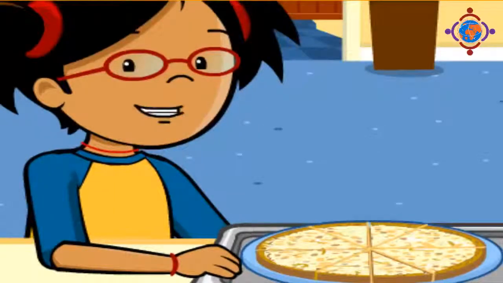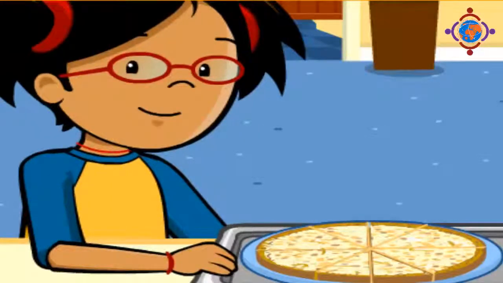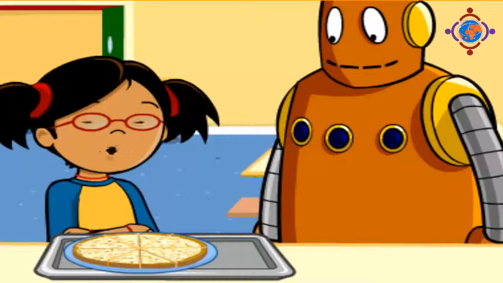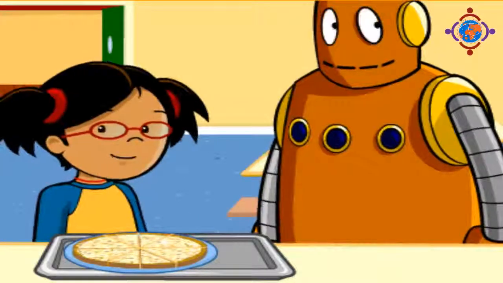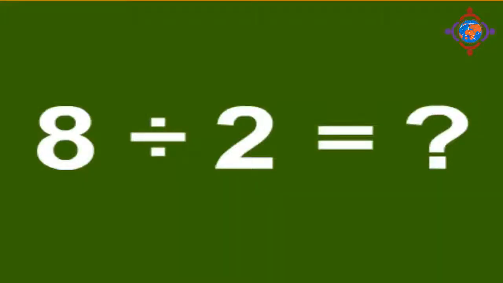How can you subtract to help you divide? You can subtract a number over and over again to solve a division sentence. How many times can you subtract 2 from 8?